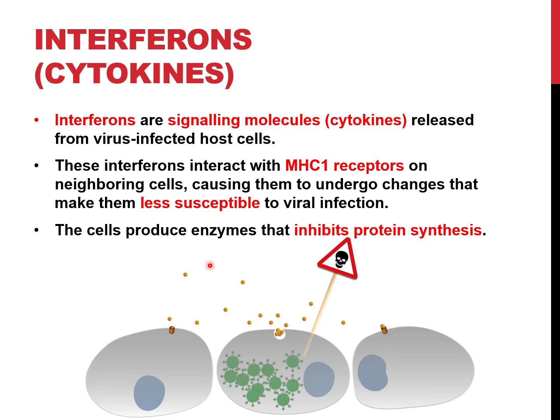So interfering with the protein synthesis makes them not create as many viruses. So the spread isn't as bad through your cells. Okay, and that's really important. So they interfere with the protein creation of neighboring cells when there is a virally infected cell.